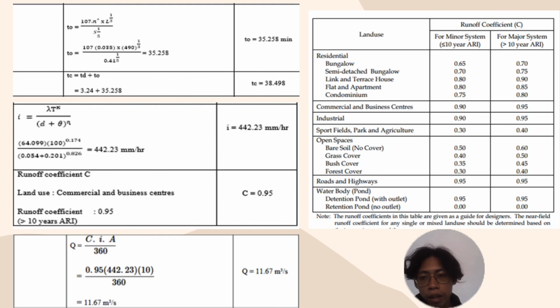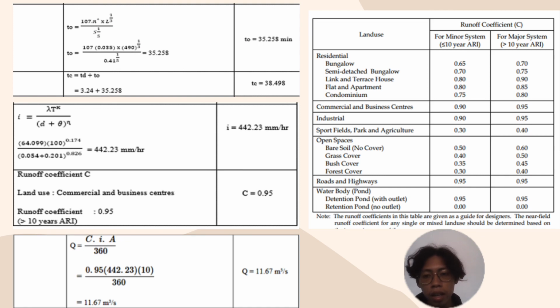So we find out the R, where the formula is lambda T to the power of K divided by D plus theta, to the power of roughness. The roughness we'll find out in the table. After we got the answer, I is equal to 442.23 millimeter per hour.